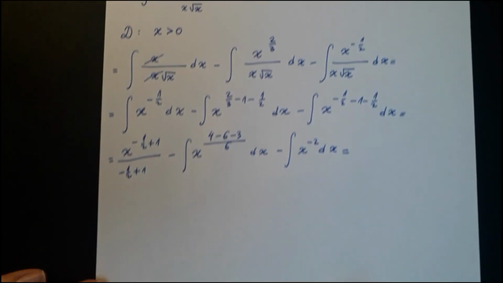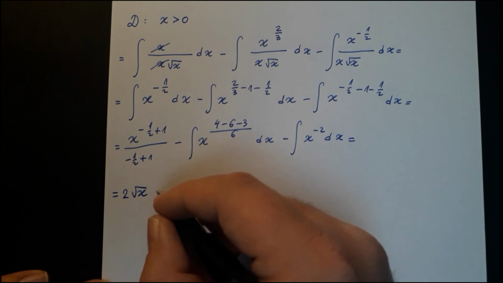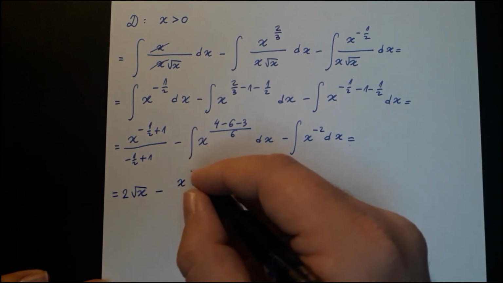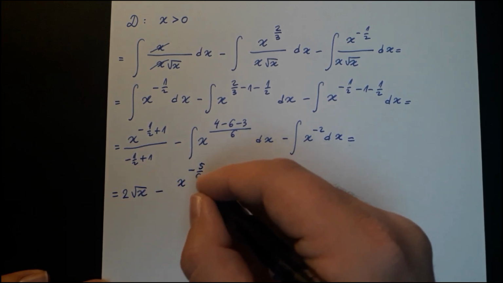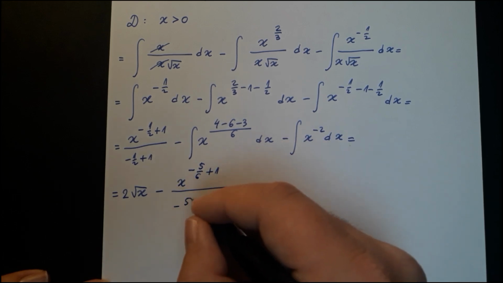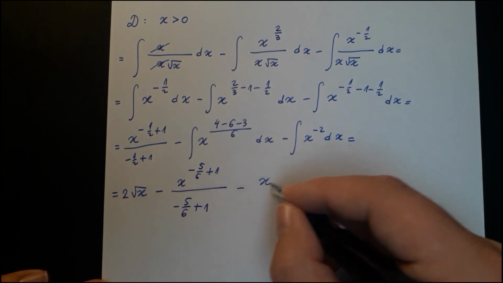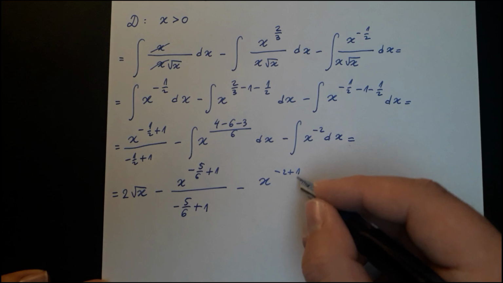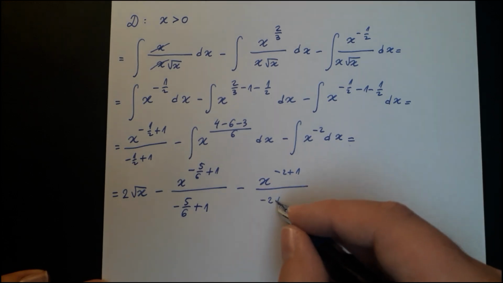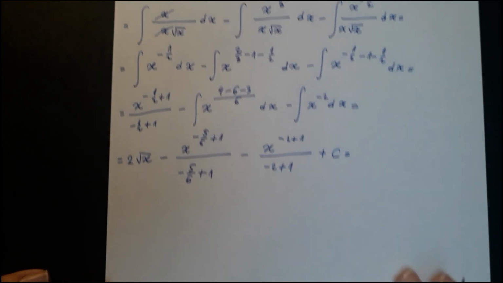This is then equal to 2 square roots of x minus x to the power negative 5/6 plus 1 divided by negative 5/6 plus 1 minus x to the power negative 2 plus 1 divided by negative 2 plus 1 and plus an arbitrary constant c.